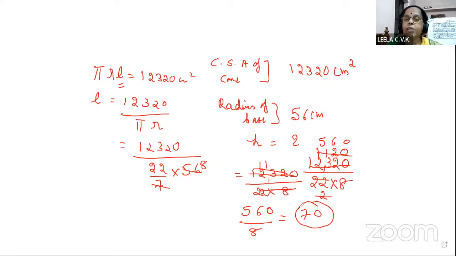Now I'll rub this board and show the H calculation. Actually, we have to find out H, the height. For a cone, this is L, this part is H and this is R, and this is 90 degrees.